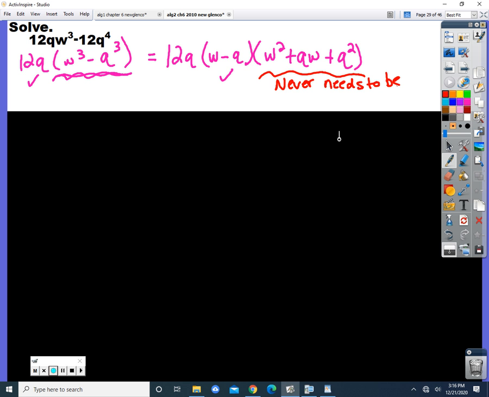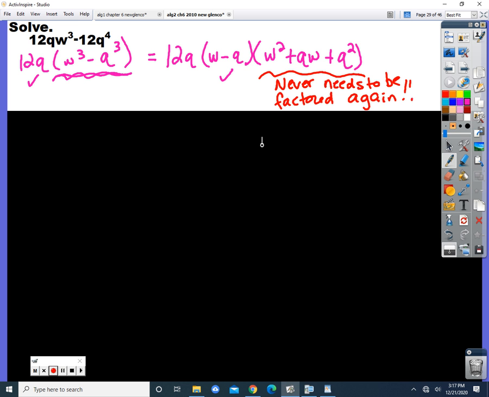So remember that. Don't waste your time trying to factor that trinomial. You'll just spin your wheels because it won't ever happen.